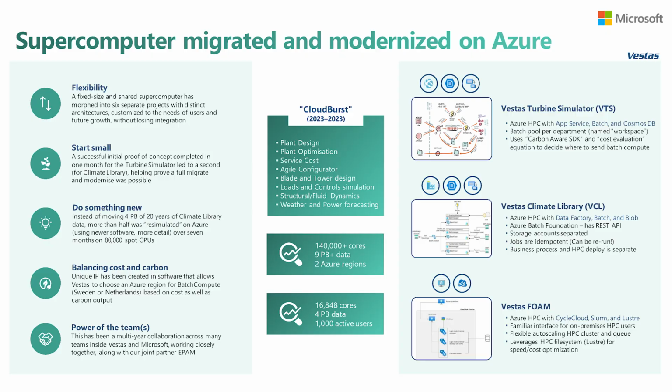So then they started to onboard other workloads. And as they started to do that, one of the things that they realized is that some user groups weren't necessarily as familiar with Slurm as they were used to just dealing with the fact they had a Slurm environment. And so the more we dug into one of the workloads in particular, the Vestas Climate Library, the more we realized we could actually make the user experience a lot better if we work on the actual workload.